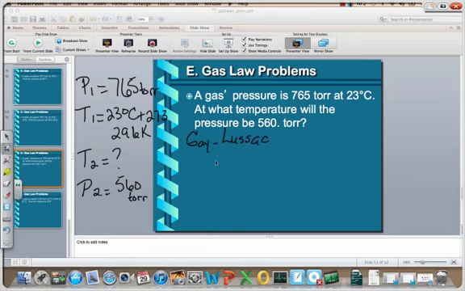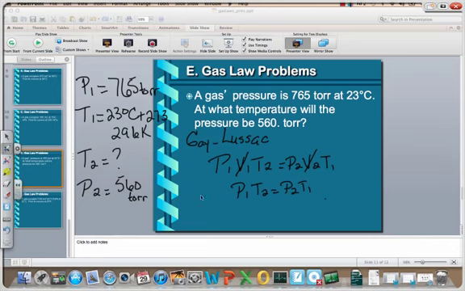All right, so let's look at our combined gas law. That's P1 times V1 times T2 is equal to P2 times V2 times T1. We're only looking at pressure and temperature here, so we can get rid of the volume and just use this. So it's P1 times T2 is equal to P2 times T1.